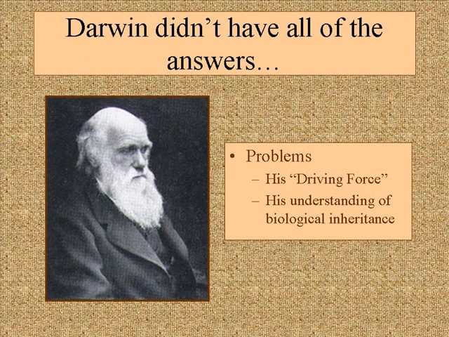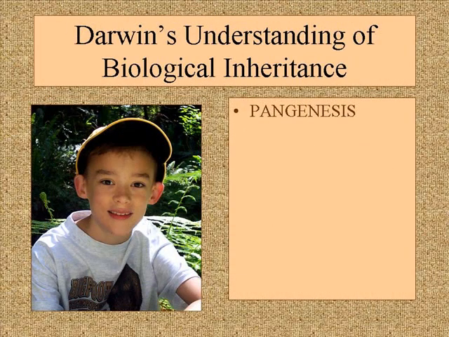Another problem that Darwin had was his understanding of biological inheritance. He knew that the offspring tended to resemble the parents. He knew that these traits were passed down, but he didn't understand how that worked. The prevailing theory of biological inheritance at the time was called pangenesis.